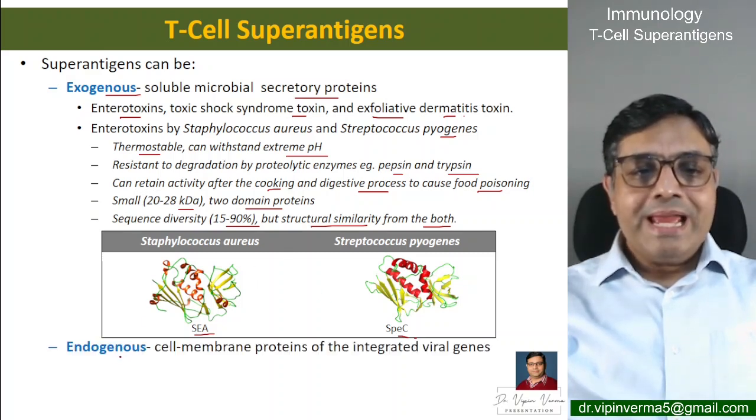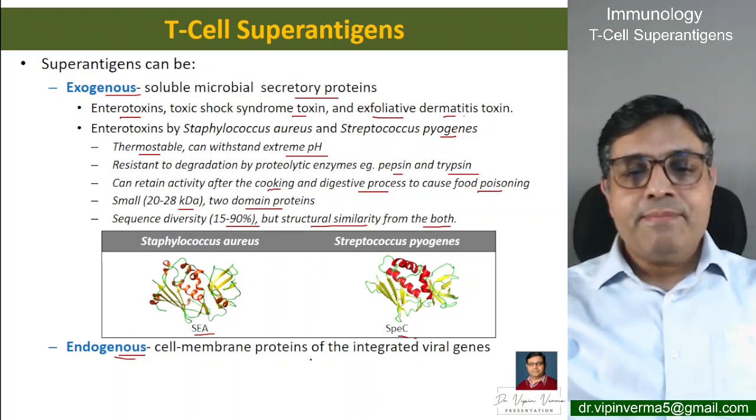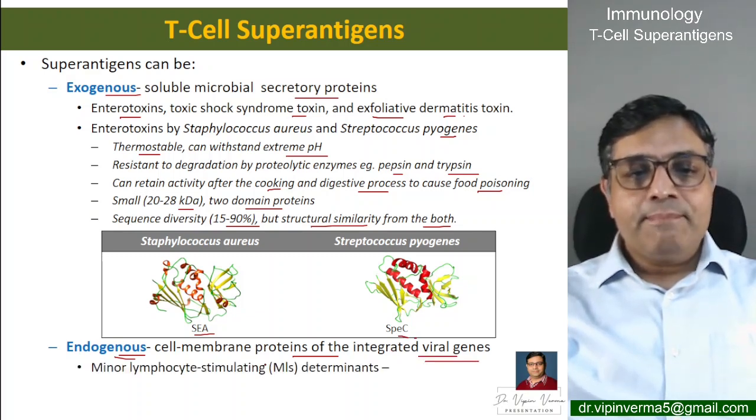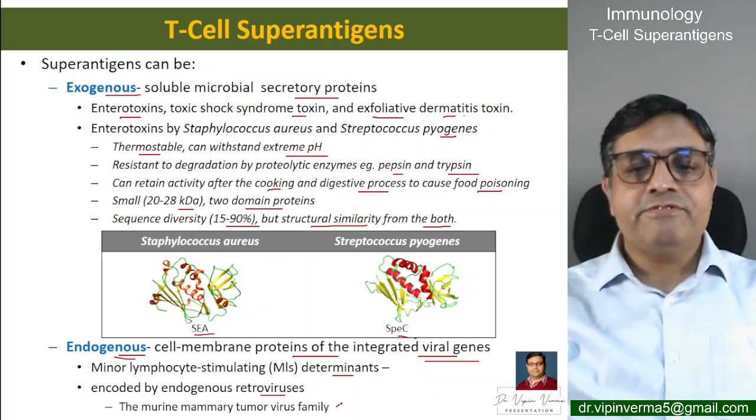Now coming to the endogenous kind of superantigens, they are basically cell membrane proteins of integrated viral genes. Okay. One of the examples is the minor lymphocyte stimulating determinants, which we call MLs, and they are encoded by endogenous retroviruses, for example, the murine mammary tumor virus family.